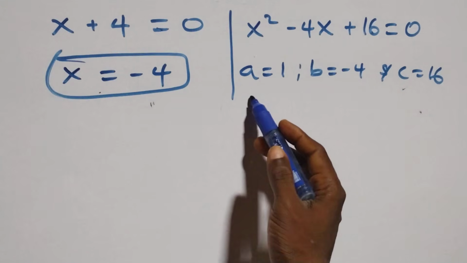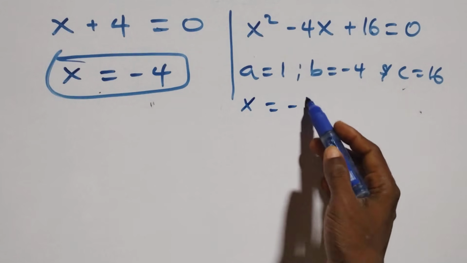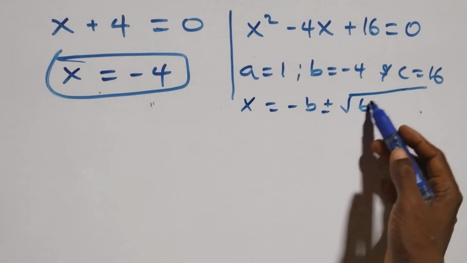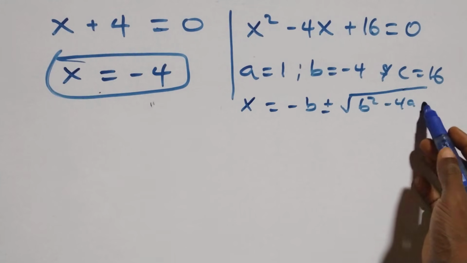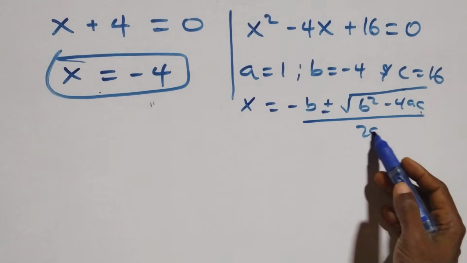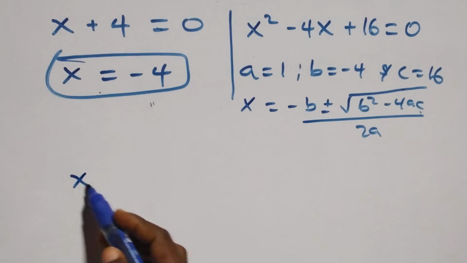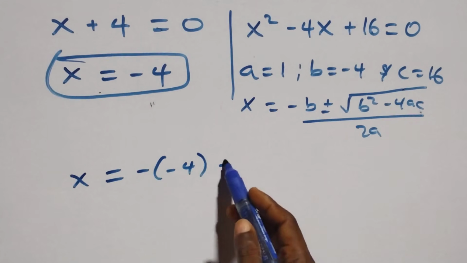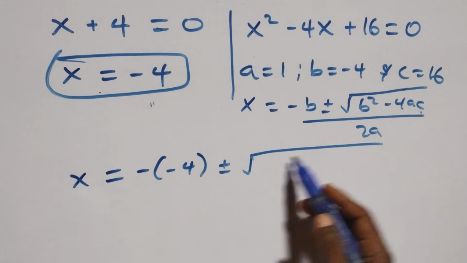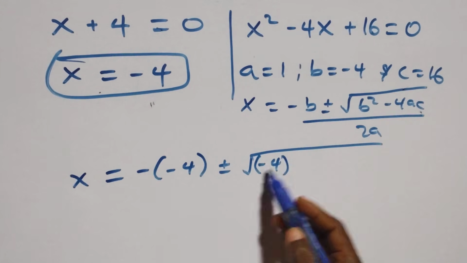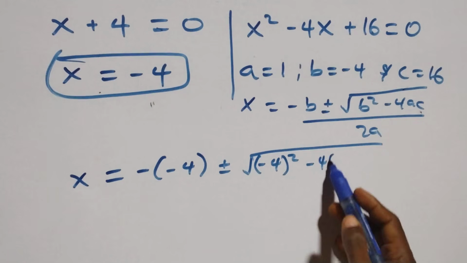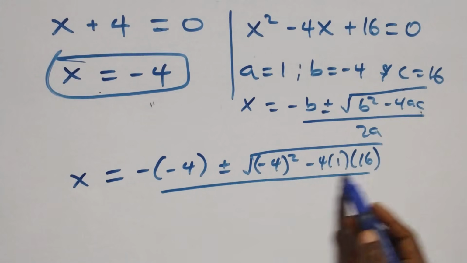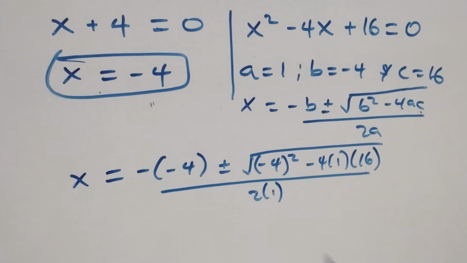Applying the quadratic formula, which is x equals minus b plus or minus square root of b squared minus 4ac all over 2a, this becomes x equals minus of minus 4 plus or minus square root of minus 4 squared minus 4 times 1 times 16, all over 2 times 1.